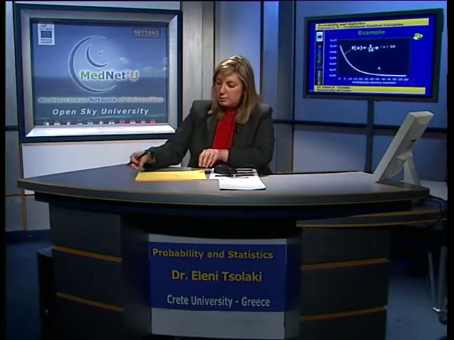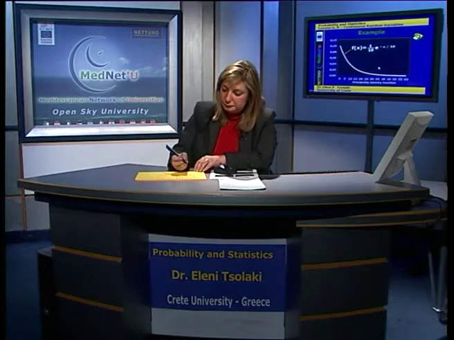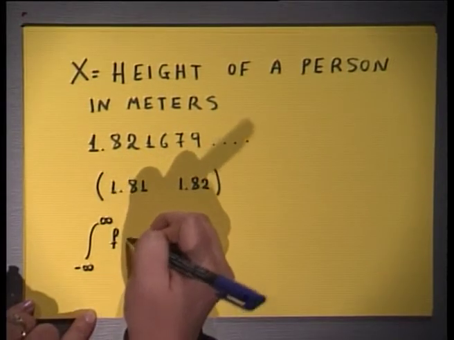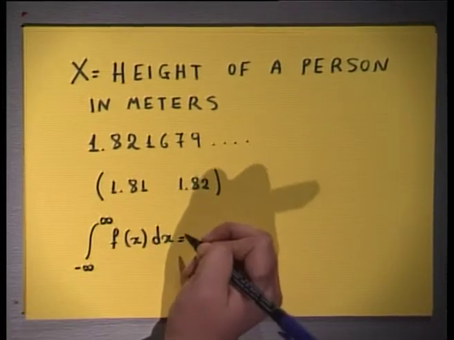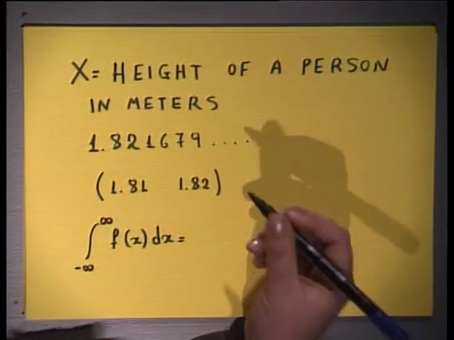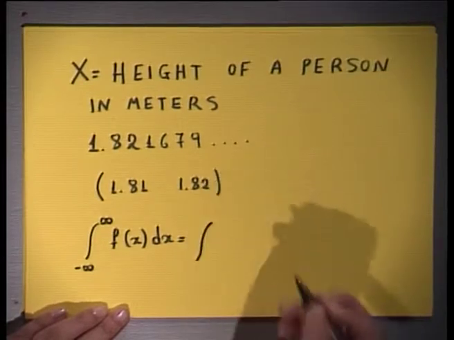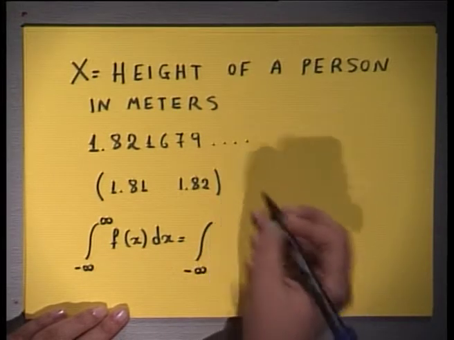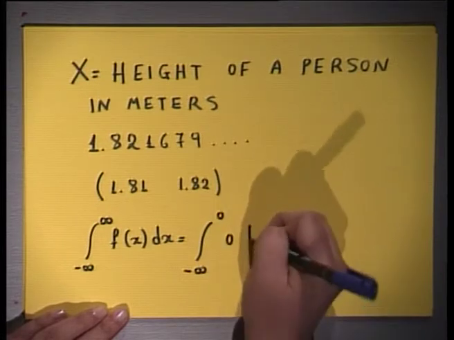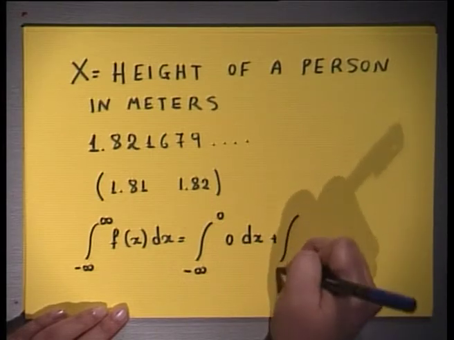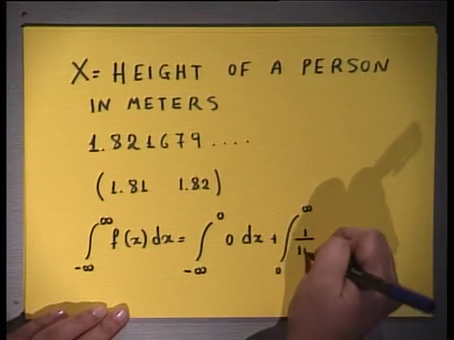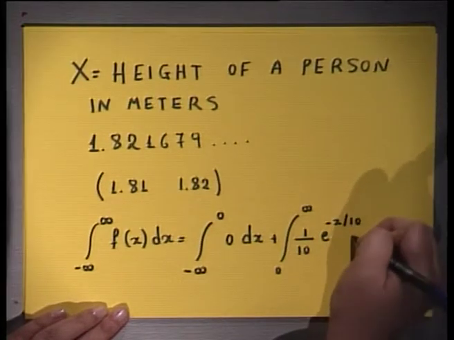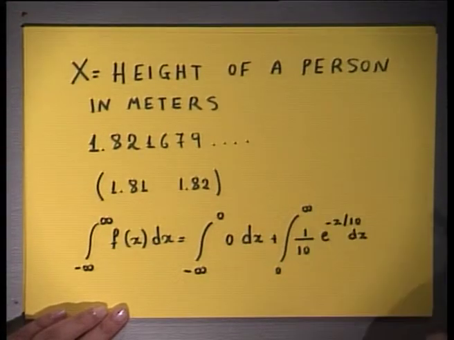Also, we are now going to calculate the integral from minus infinity to infinity of f of x dx for our example. In this case, we have that f of x is 0 from minus infinity to 0, and it is 1 over 10 e to the minus x over 10 dx from 0 to infinity.